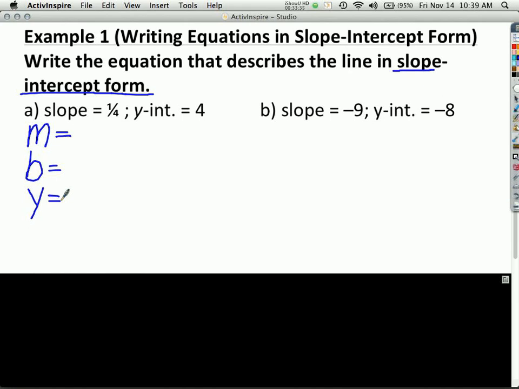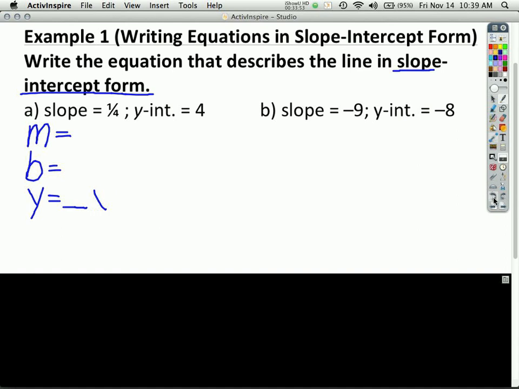It's a key to get you set up perfectly. Eventually, this is going to say y equals something x plus something. Eventually, we're going to fill in this and this with information from here and here. But you can just get used to writing m equals, b equals, and y equals. And now find the information that you need.